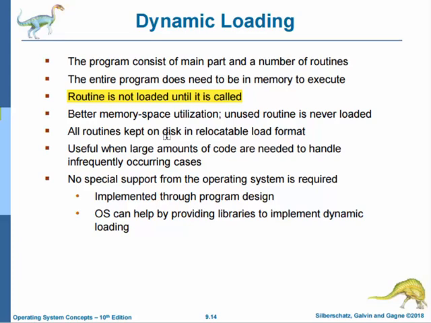If it has not, the relocatable linking loader is called to load the desired routine into memory and to update the program's address tables to reflect this change, and then control is passed to the newly loaded routine.